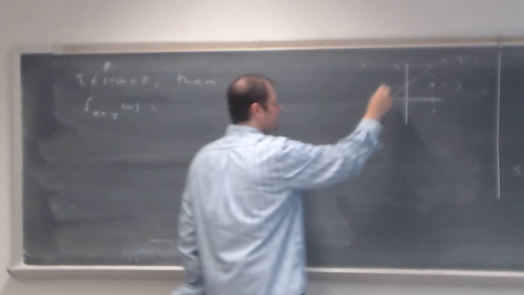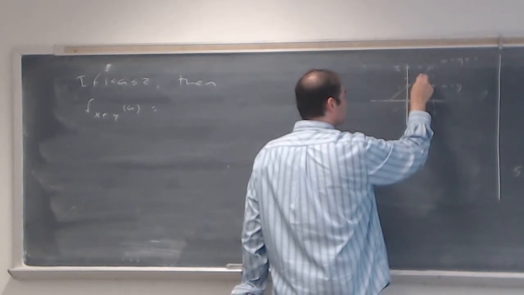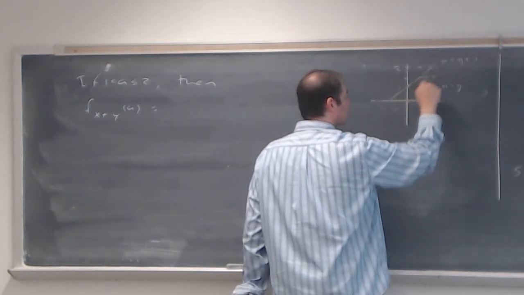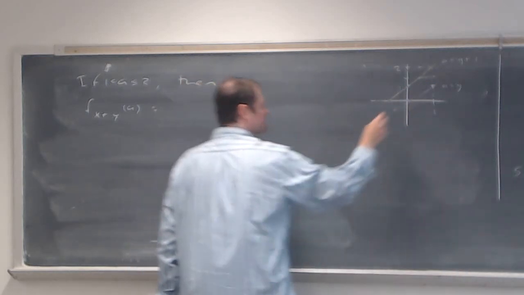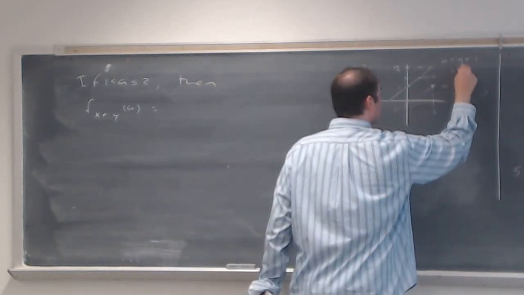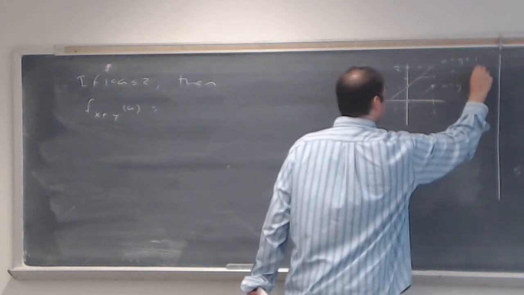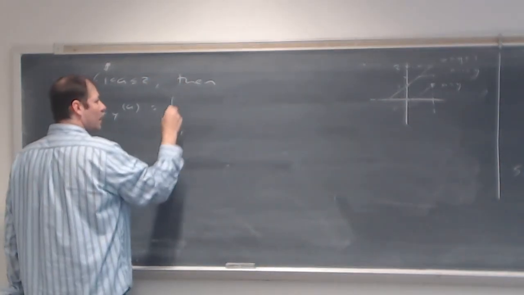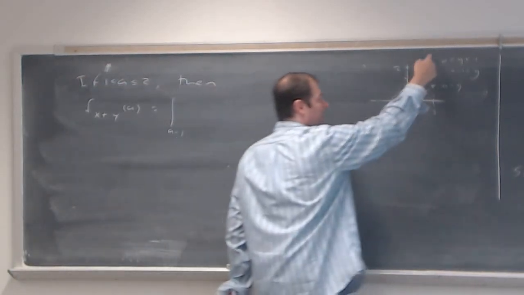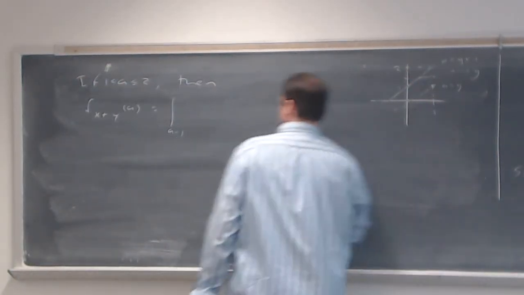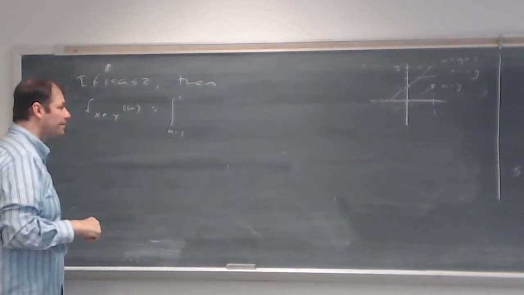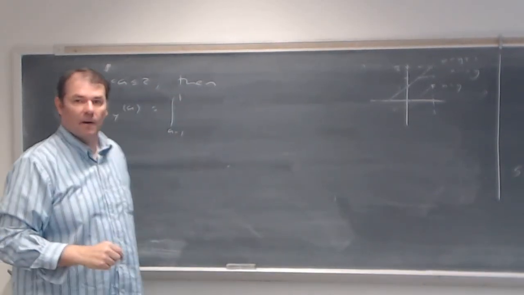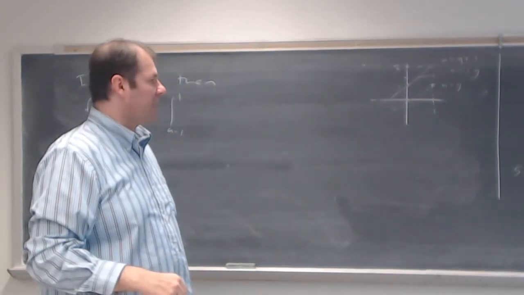Well, if we're taking an a between 1 and 2, the y values run from this line, which says that the y values run from a minus 1, up to this line, which is y equal to 1. Again, I have that f sub x of a minus y.